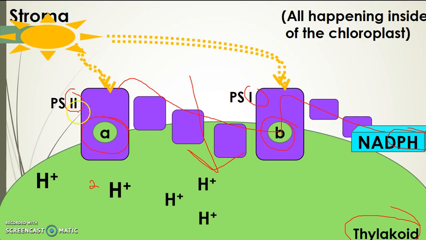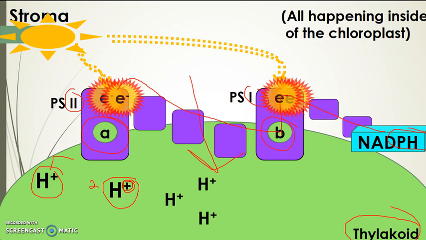Now this leaves the two hydrogens from water still here, and because hydrogens, or protons, have that positive charge, they cannot leave by diffusion through that thylakoid lipid bilayer.